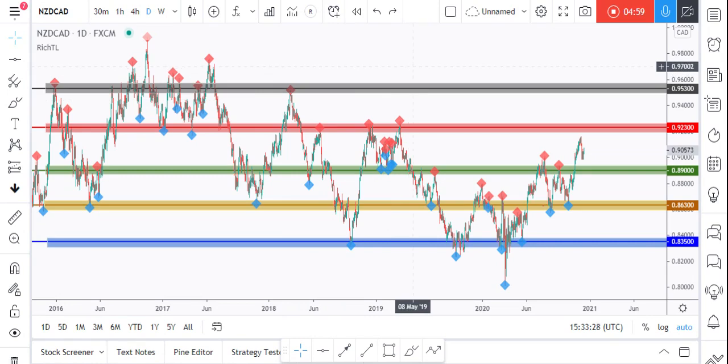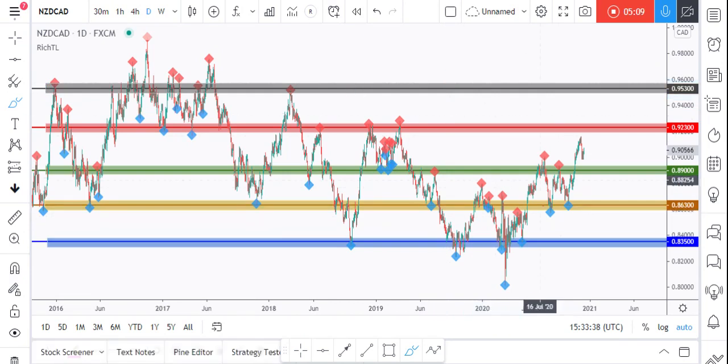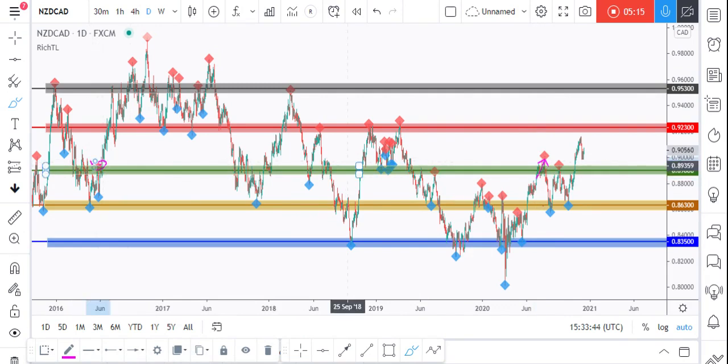That's a mistake many traders make: they treat support and resistance as laser lines and enter a buy immediately after price breaks it upward. For example, as you can see here, we already have this objective support and resistance from this and this.